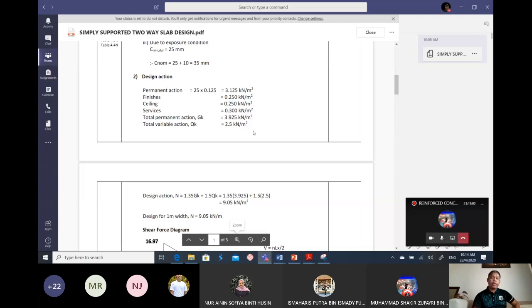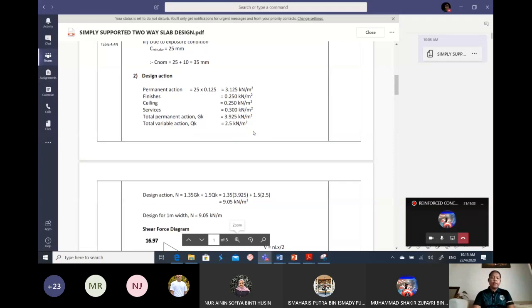And then the total variable action, as I already told you before, we have to determine based on the slab condition or the building type, which category this building falls under. So either it is residential, commercial, school, classroom, or laboratory, and then you have to determine based on the national annex what the total variable action QK is.